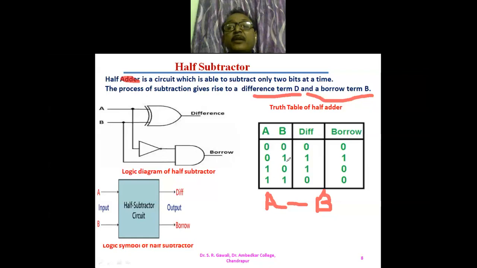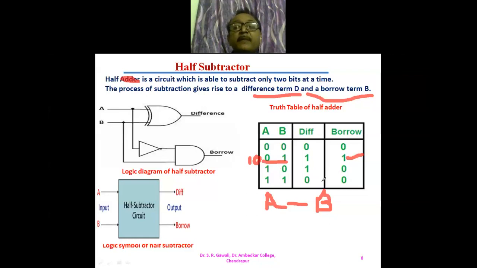So what do we do for that? Instead of a 0, we will take it as a 10 and we will subtract it. So we get the difference as 1 and borrow is also 1. Borrow is 1 and difference is 1. When one input is 1, 1 minus 0, then difference is 1 and borrow is 0.